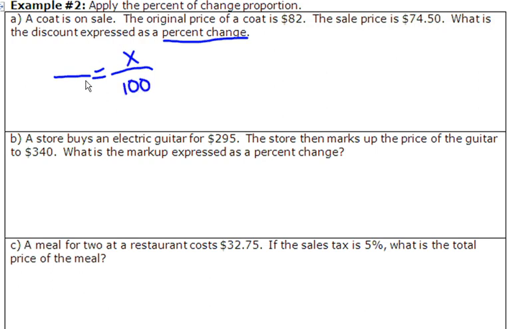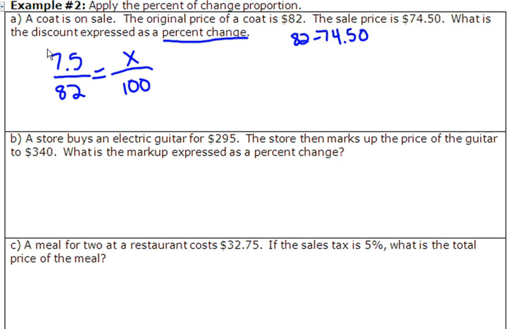It tells me that the original price of the coat is 82. Here's where you need to be careful. You don't put the sale price on top, you put the change. So we would take 82 minus 74.50, and that would give us the amount that it's changed. So it's gone down 7.5, or $7.50.